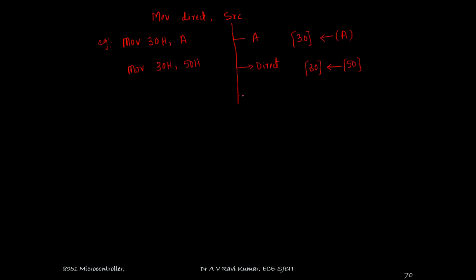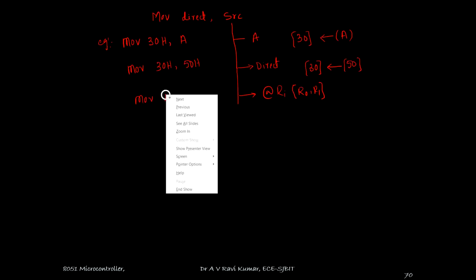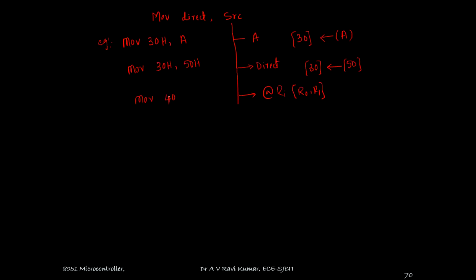Next we have indirect. For indirect we have only R0 and R1, so it is possible to do MOV 40H, @R0. Here the content pointed to by R0 is transferred to the address 40H. Okay, next we have immediate.